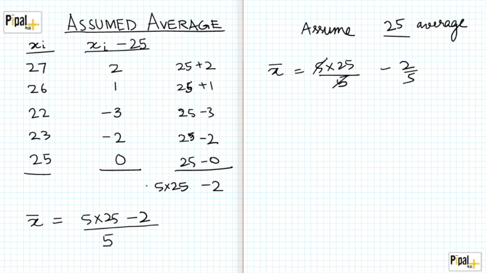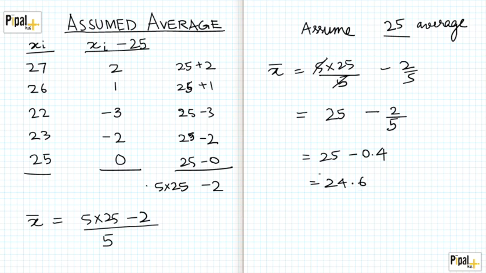So the 5 cancels the 5 in this part of the computation, and we are left with the assumed average plus this sum, which is negative 2, divided by the number of data points, which is 5. So the answer is 25 minus 0.4, which is equal to 24.6.